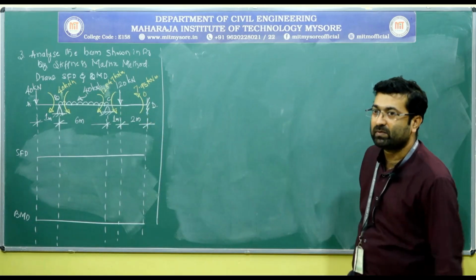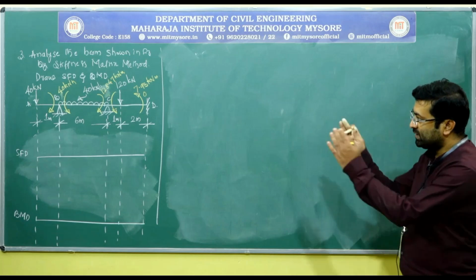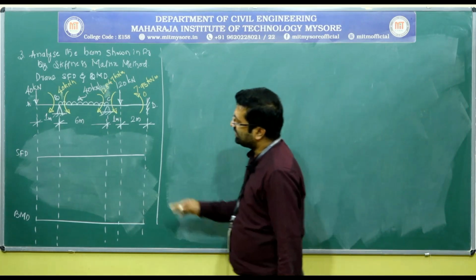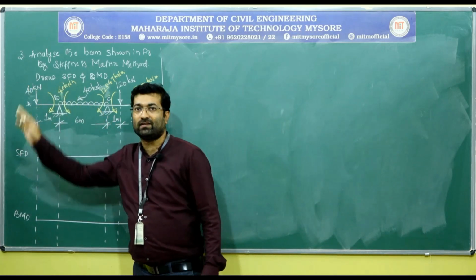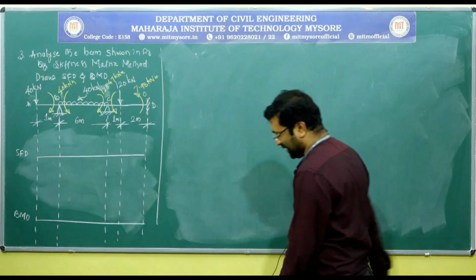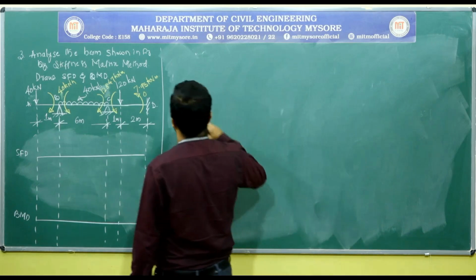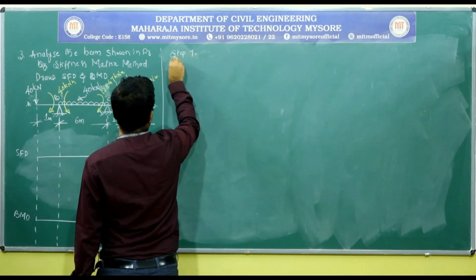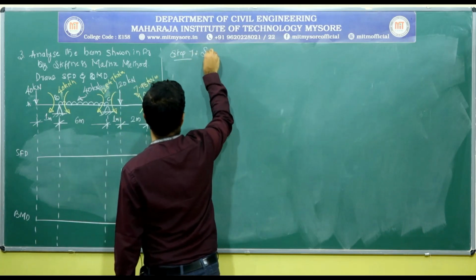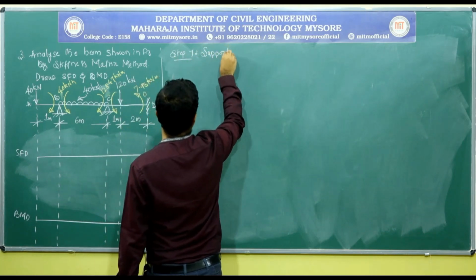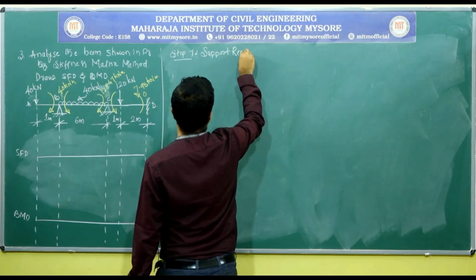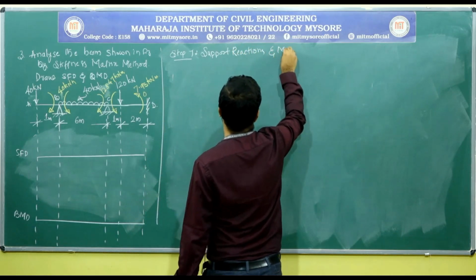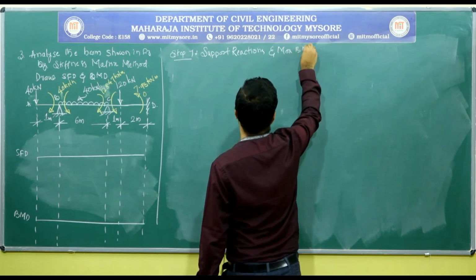To draw the SFD and BMD, we need to consider each span separately. But here the AB portion, as it is overhanging, I will consider that also in the calculation. So step number 7, support reactions and maximum bending moment.